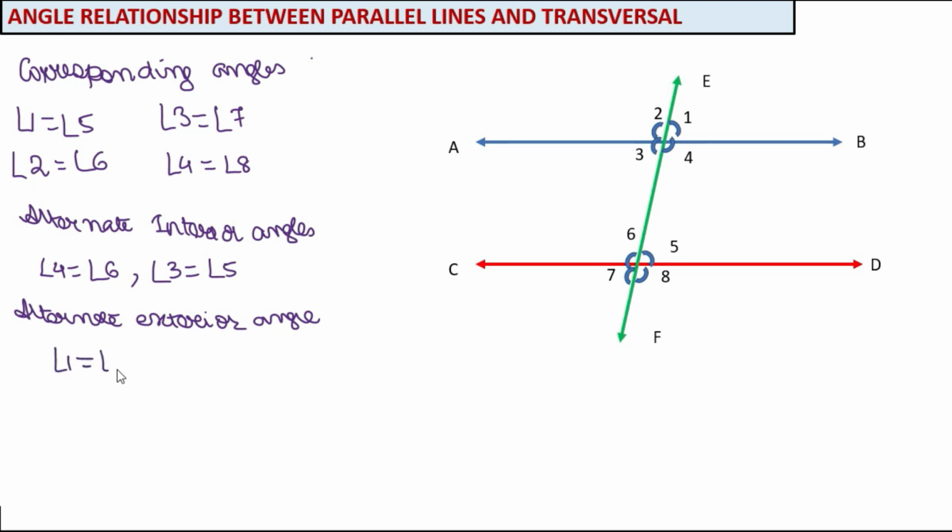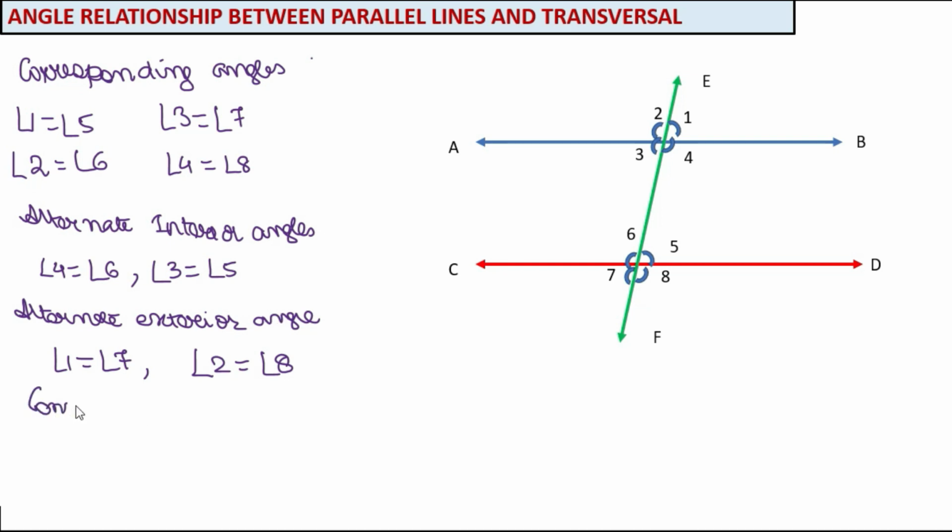These are alternate exterior angles, and angle 2 equals angle 8. All these are applicable in the case of parallel lines. Parallel lines make corresponding angles equal, alternate interior angles equal and alternate exterior angles equal.